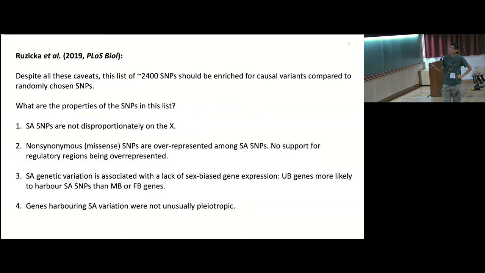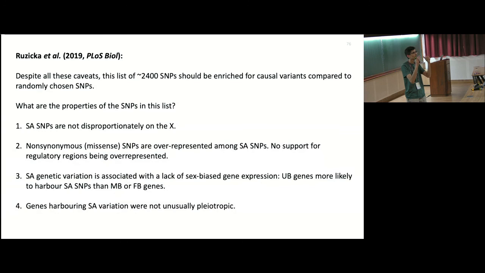And perhaps equally or more interesting was that, even though they found that enrichment for non-synonymous SNPs, they found no support for an enrichment in the regulatory regions. And that was maybe counter to intuition, because many people think that when there's sexual antagonism between the sexes, it will more likely be just in expression, that the same actual protein is good to have in males and females, but just maybe the amount of it.